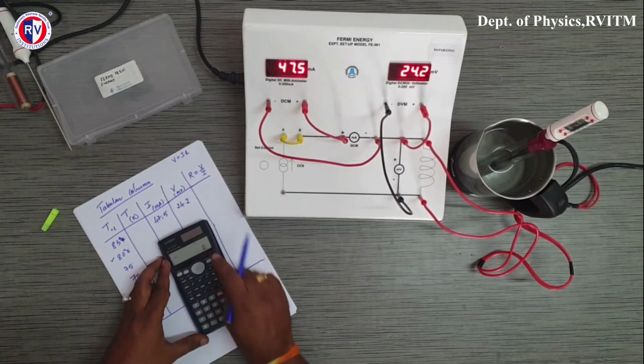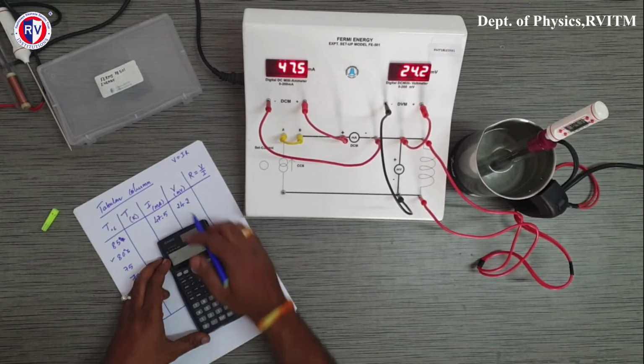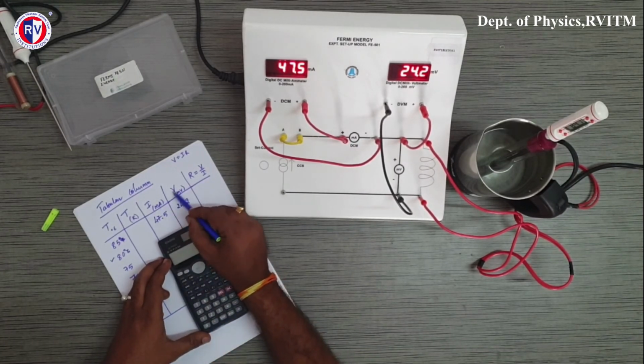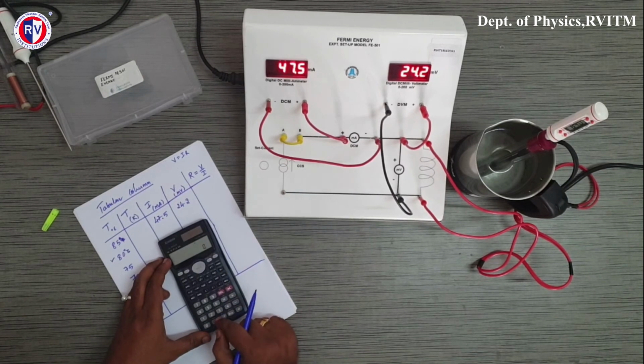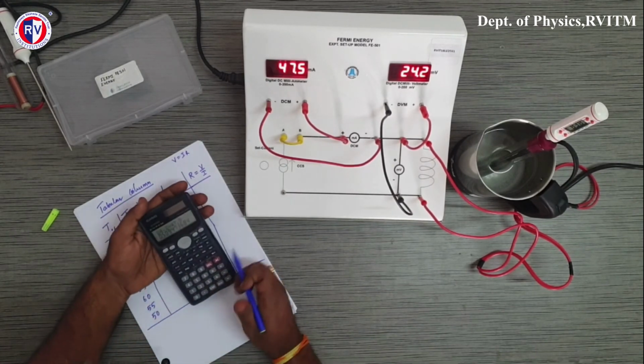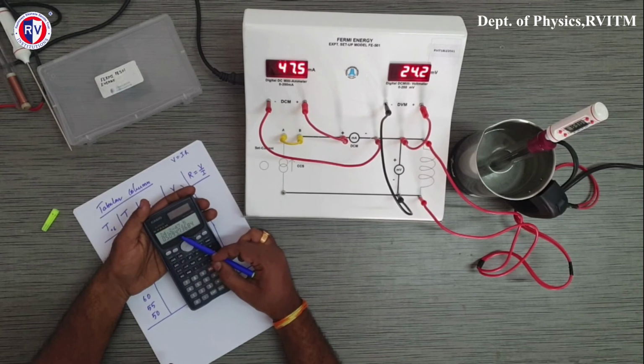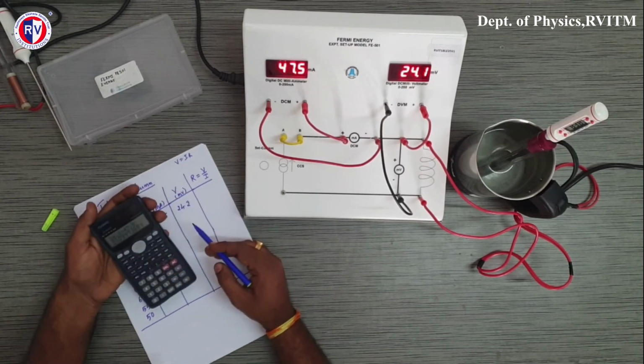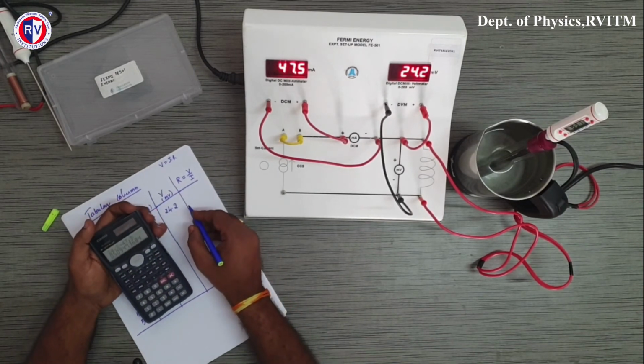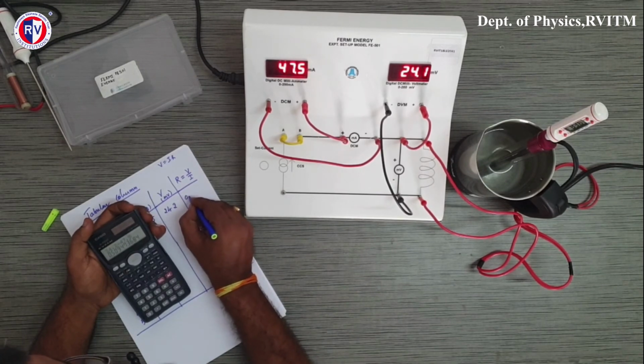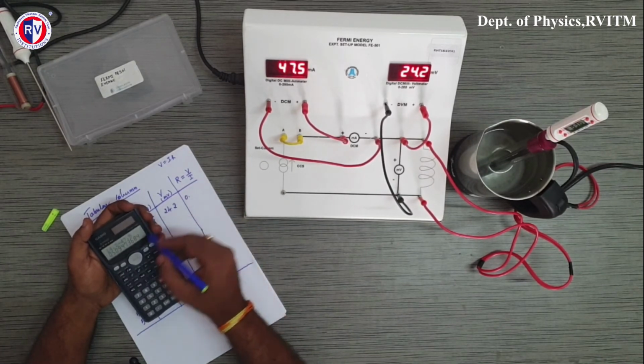Now let's calculate. It is millivolt divided by milliampere, so milli will get cancelled. Therefore it is 24.2, that is V, divided by I, which is 47.5. Now it will be 0.5094733684. We always recommend to consider up to 3 decimal places.